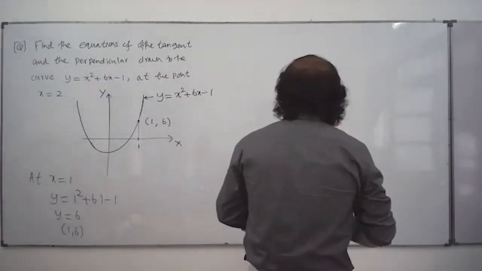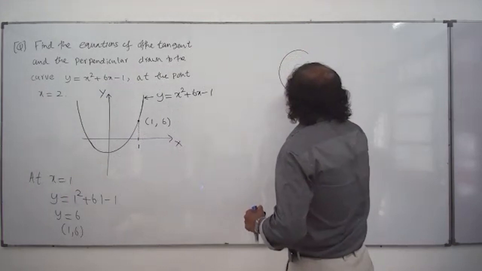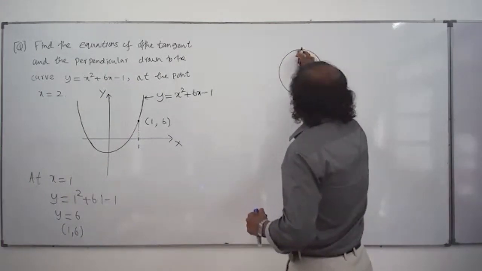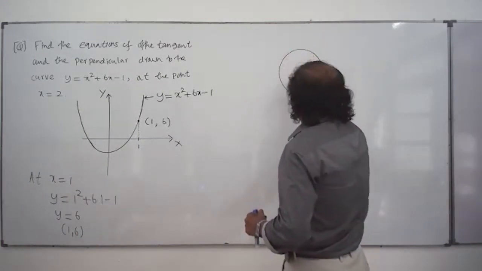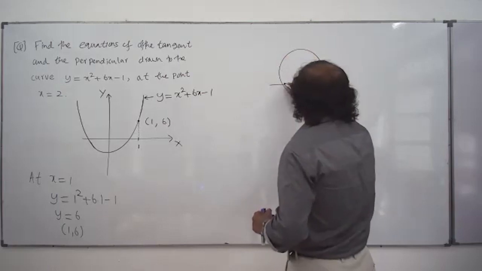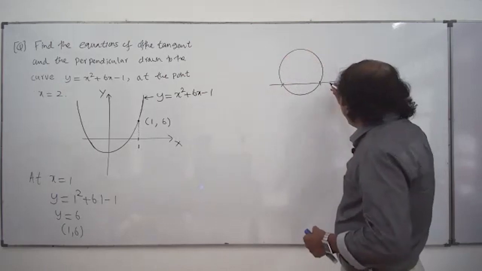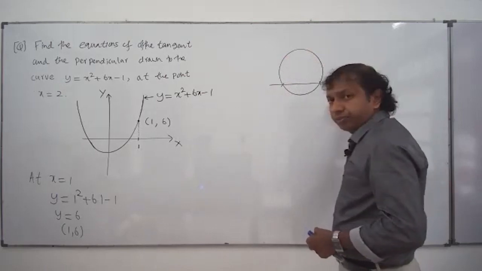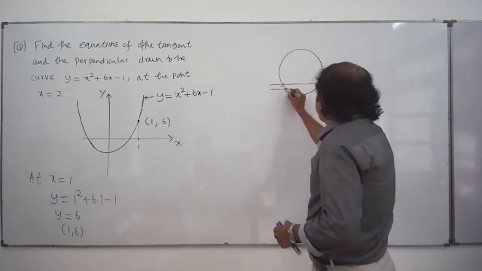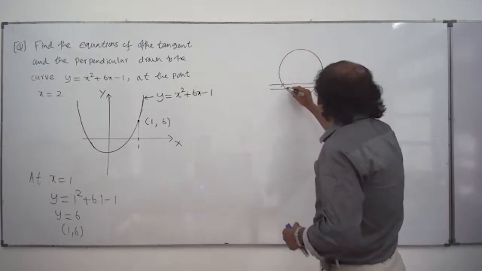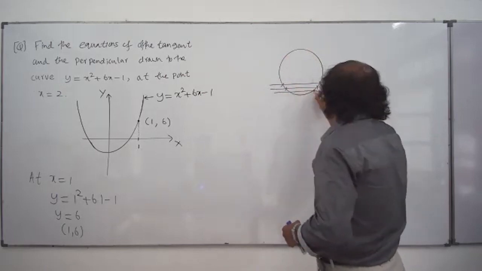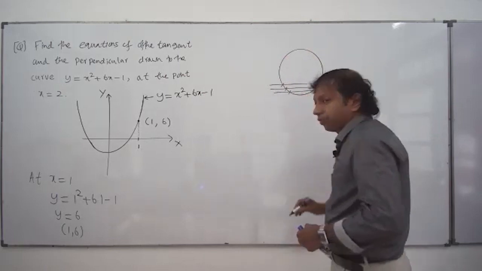Tangent means, you know, in your olden days, you have drawn circles. We can draw a straight line to cut this circle at 2 points like this. When we lower this line, the 2 points of intersection come in closer like this.